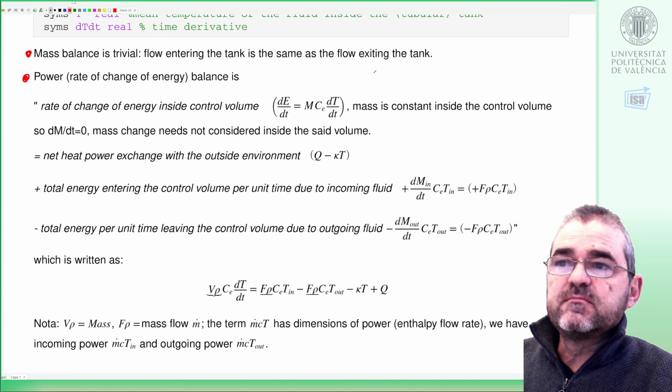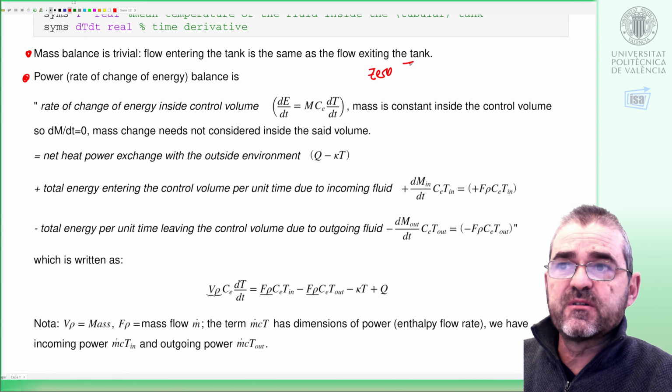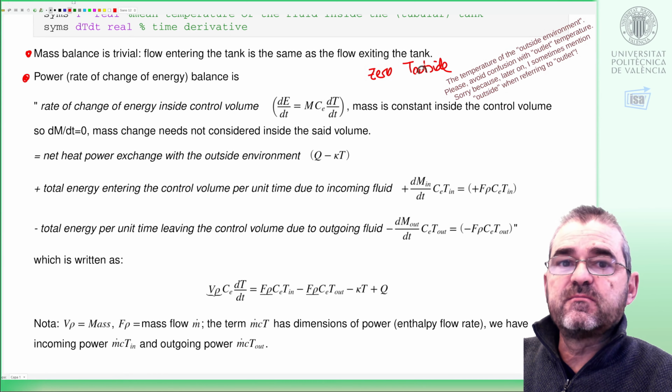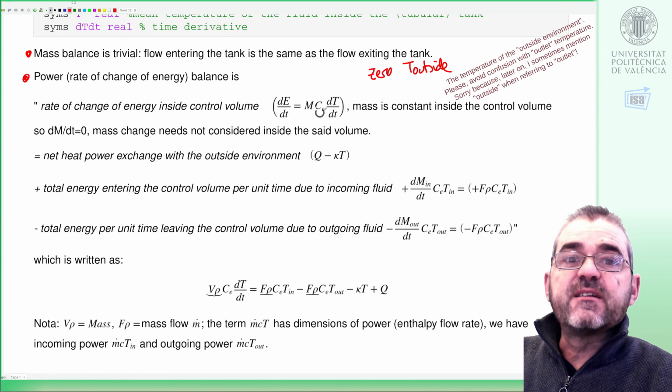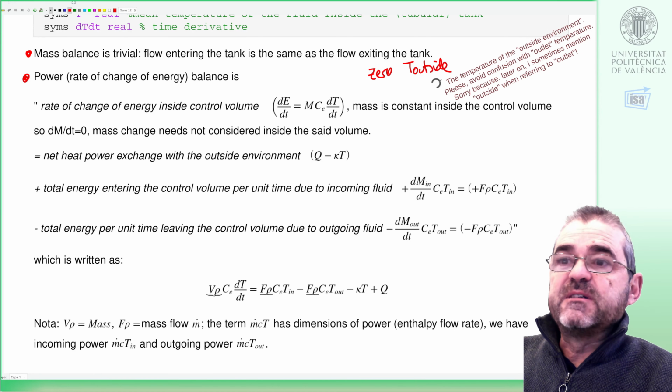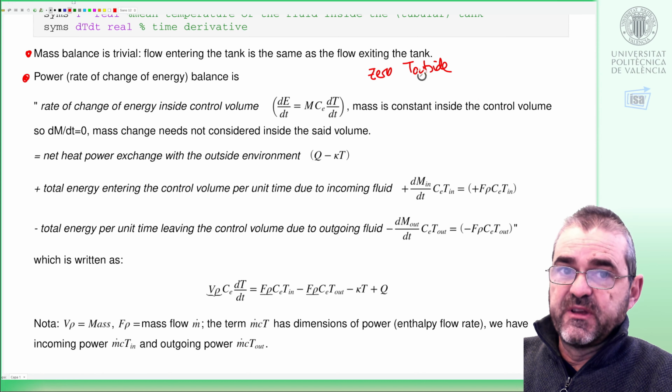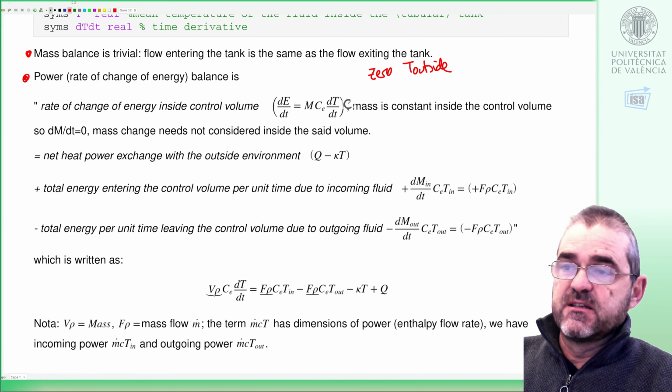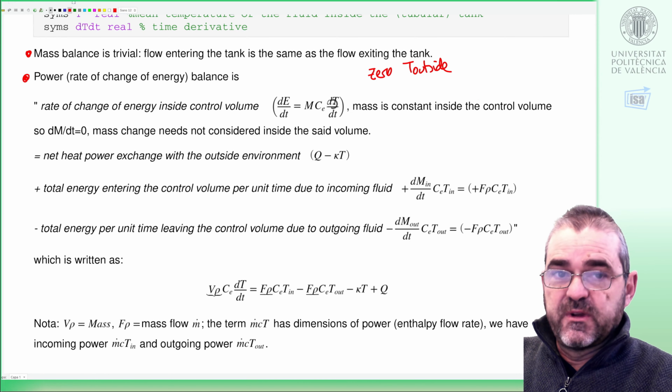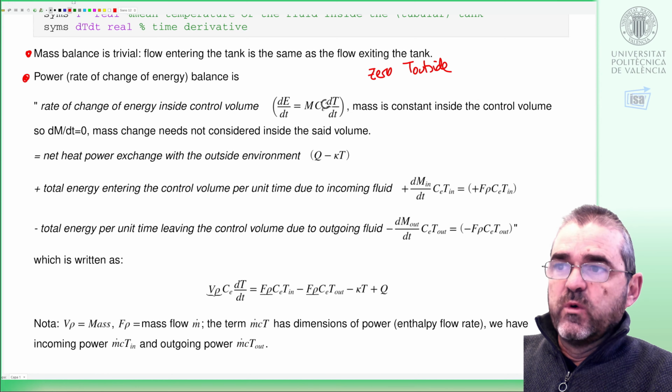We are assuming 0 of temperatures, the outside temperature, and 0 of energy, the enthalpy of the fluid at that outside temperature. Of course, assuming that there are no phase changes. If we are heating water, we are not making steam, we are not letting it freeze.